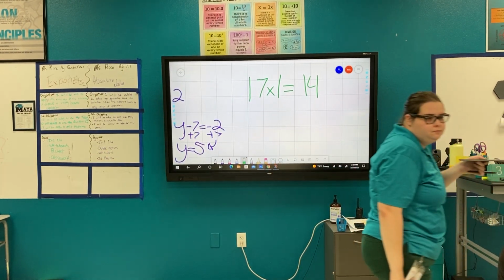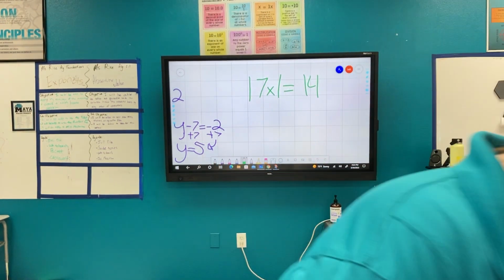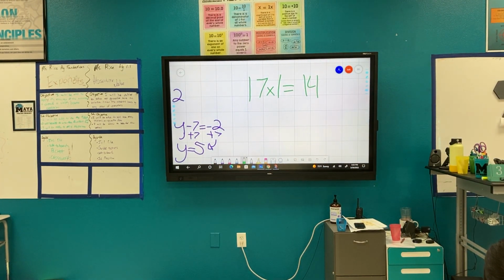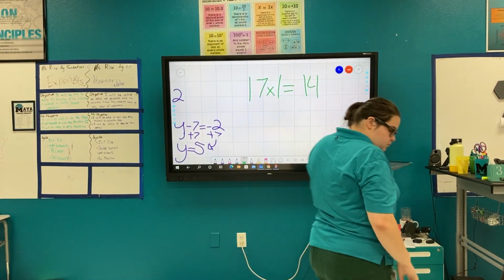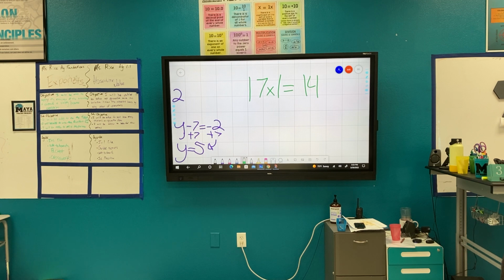Mira. Agregamos el 3 con el 8, sí. Ahora, ¿qué más vamos a agregar? ¿Cuál otro número? Si queremos agarrar la B sola, entonces hacemos el opposite, el inverso, which is add.